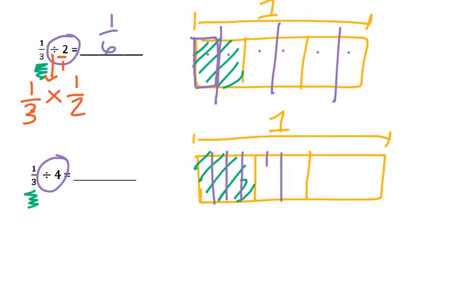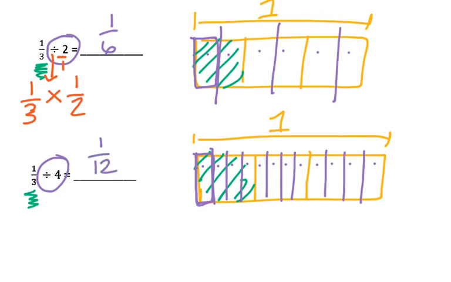But I have to split each third into 4 equal pieces. And my question is, what is the value of one of these little pieces? Here we go. 1, 2, 3, 4, 5, 6, 7, 8, 9, 10, 11, 12. Well, the value would be 1/12.